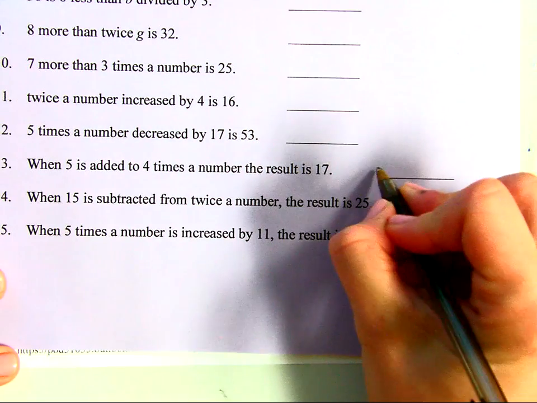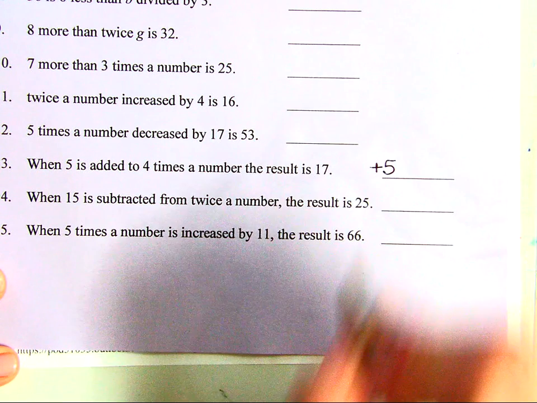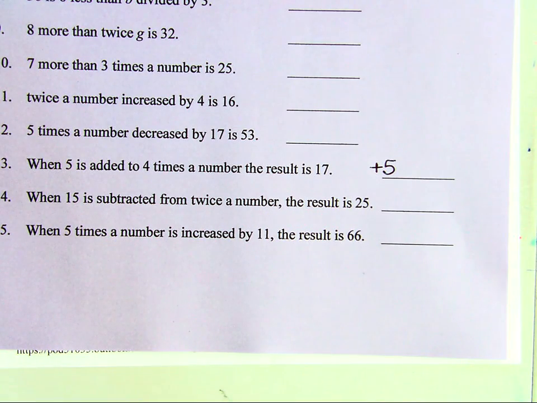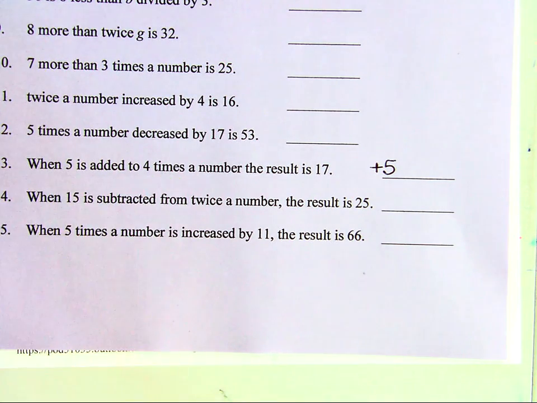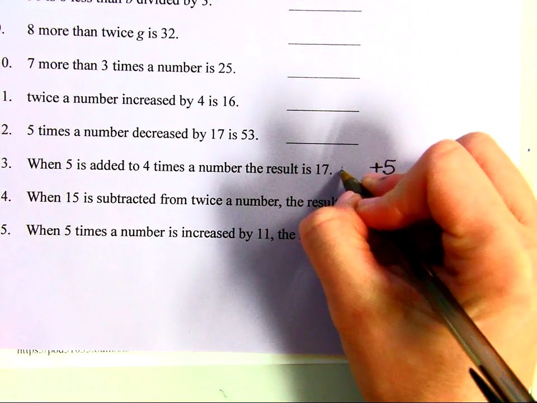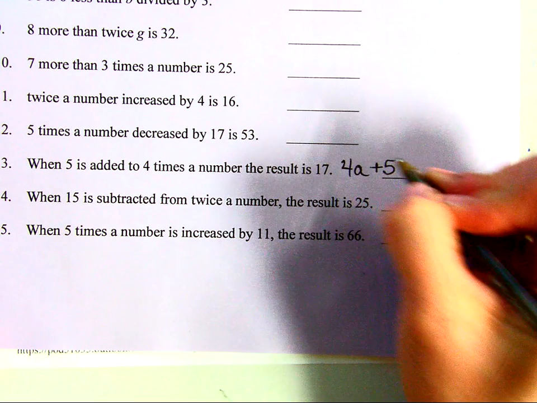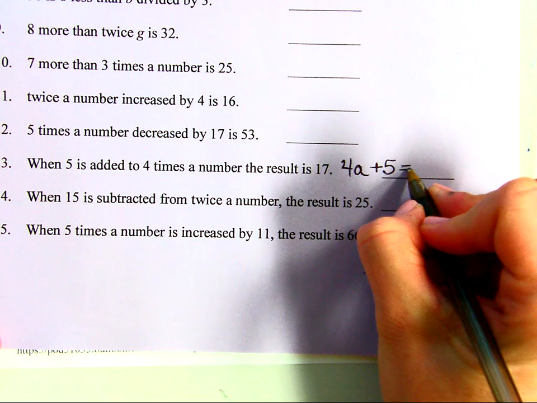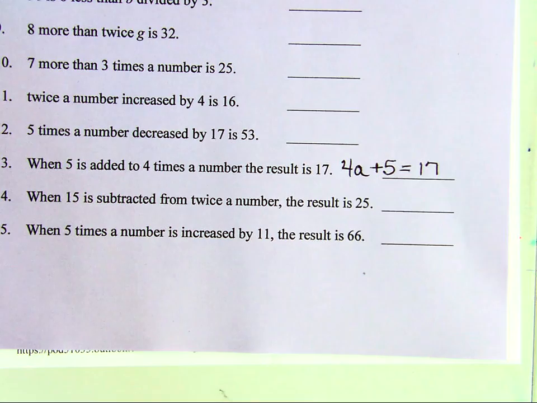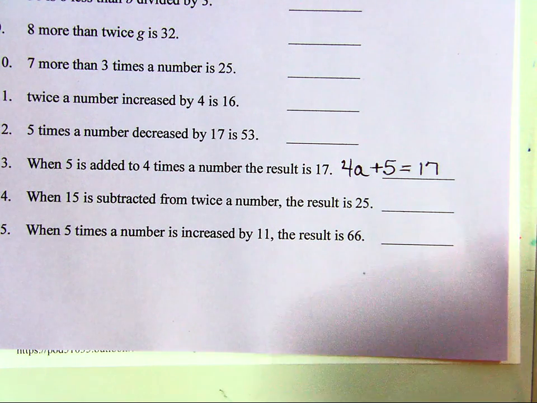So when 5 is added to, see how I wrote that? Then I go back and say, what is it being added to? For X, for A, for whatever you want it to be. The result is 17. Literally, if you just stop and really just read that. So then you're going to go to 13.